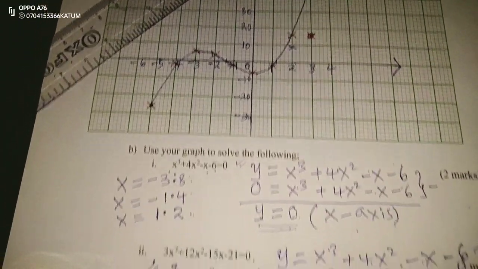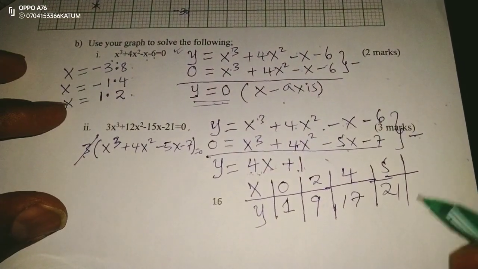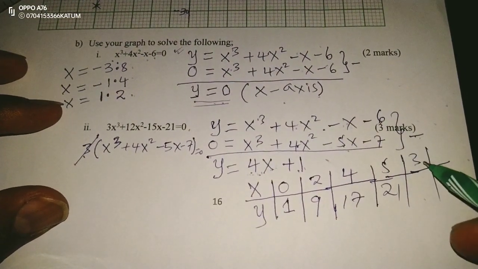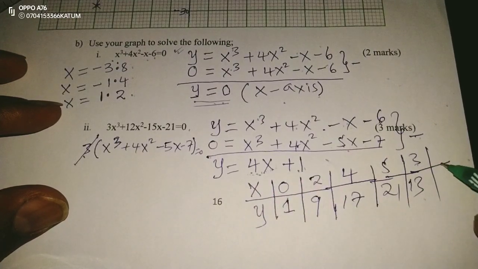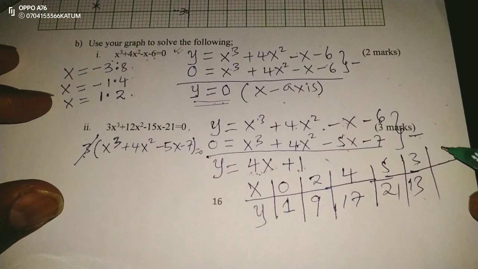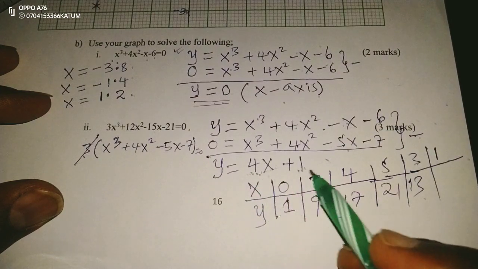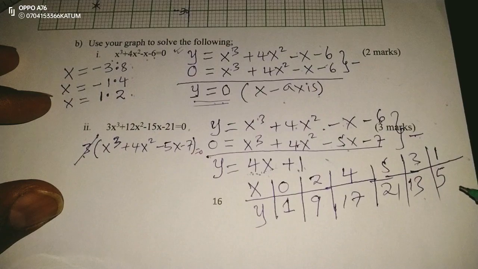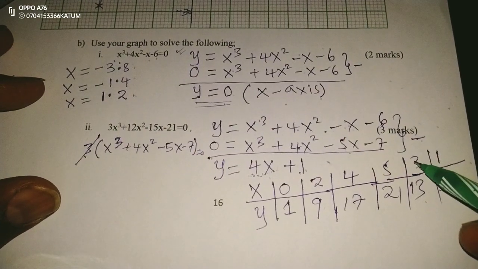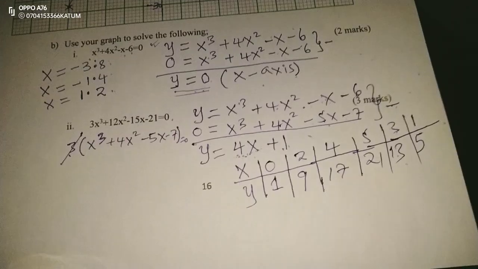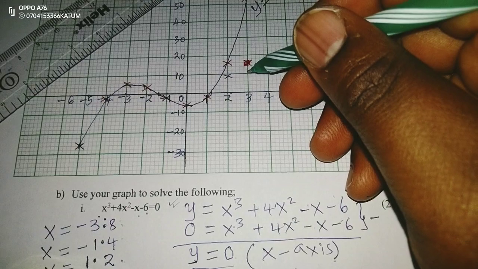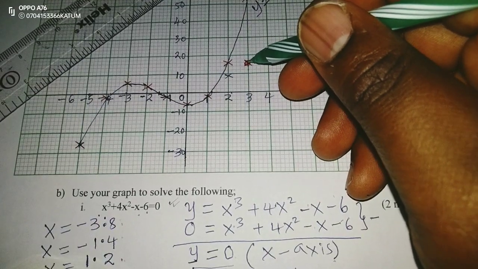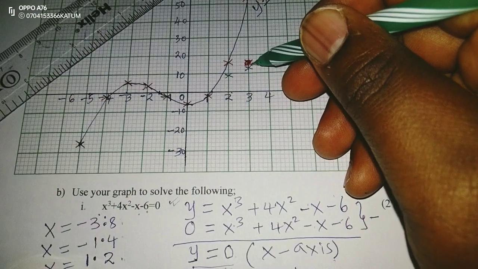If we check 3, you realize when x is 3, this becomes 12 plus 1, 13. When x is 1, we're going to have 4 times 1, then plus 1, it becomes 5. So we can go with 3, 13. Just above 10, this will be 12, 14.